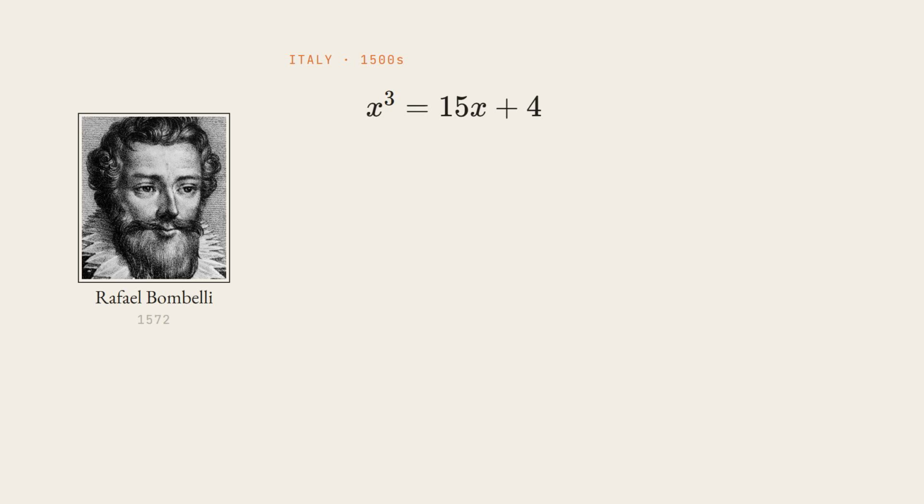And that is almost exactly how it was found. In the 1500s, in Italy, a mathematician named Bombelli was solving an ordinary equation. He knew the answer was a plain, honest whole number. But halfway through, the method forced him to take the square root of a negative. The impossible thing. So he did something bold. He pretended.